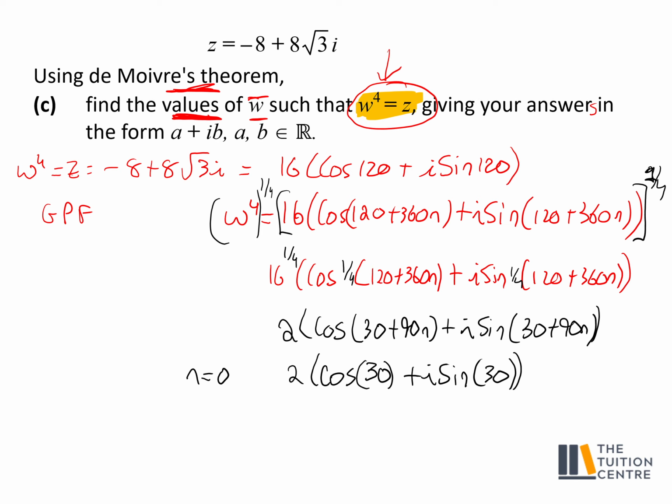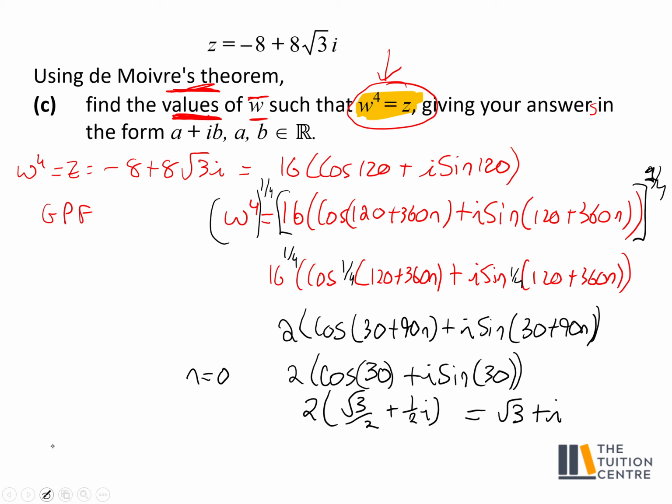Well, we know in degrees that the cos of 30 is going to be equal to root 3 over 2, right? And the sine of 30 is going to be half. But you'd always take your time with it and make sure. So you're going to get 2 times root 3 over 2 plus i sine of 30, so a half times i, and you're going to multiply through there. You're going to get yourself root 3 plus i. Now that's your first answer. Okay, that's your first answer when n equals 0.